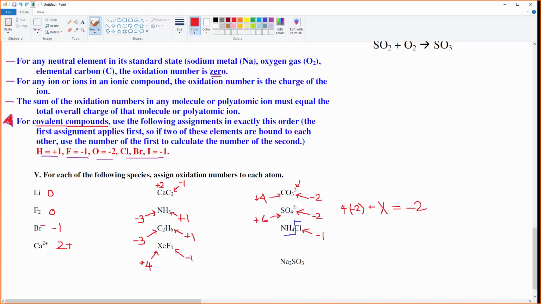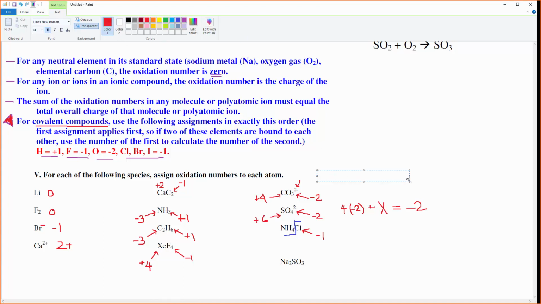And then because it's covalent, I had to start with the oxygen, to say the oxygen has got to be -2. So if we did it here, the oxygen is -2, and there were 3 of them, right? So that gave me a total of -6. There were 3 oxygens, each at -2. And then I'm trying to solve for the carbon, because that's the thing that I don't know.